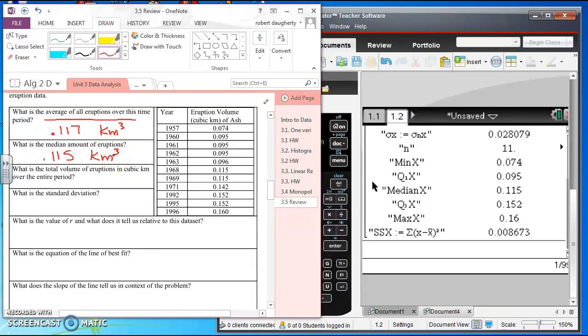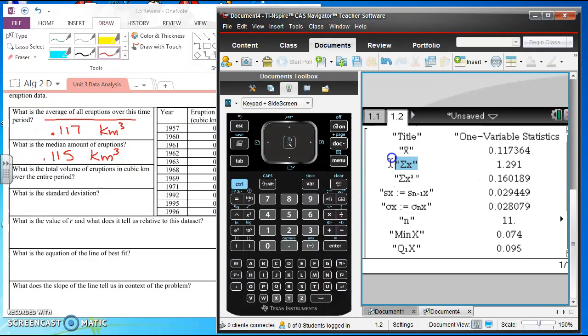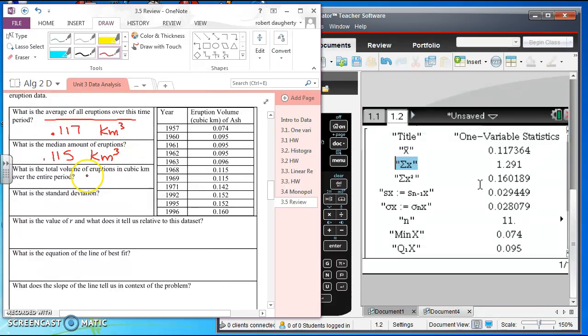What is the total volume of eruptions? If I look on my calculator page, that is right here, the sum of all values, 1.291. So that is 1.291 cubic kilometers, okay?